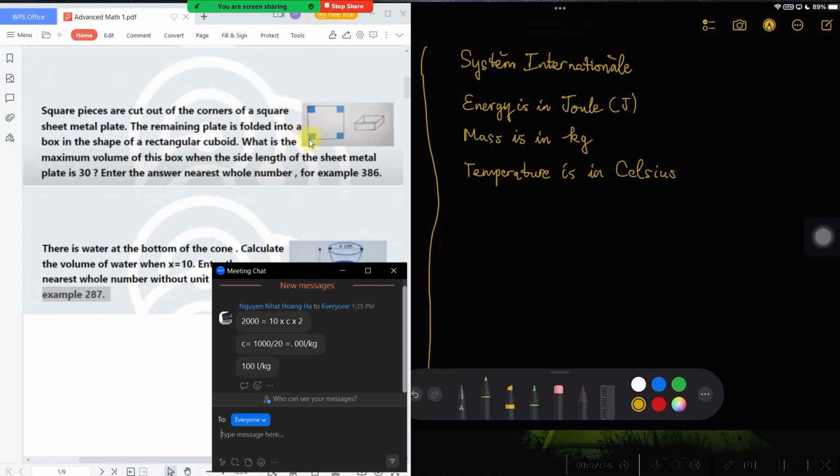Tức là cái độ dài 30 nó bao gồm luôn cái xanh xanh này luôn nha. So it means that 30 include the blue part in here, okay? So you are asked what's the maximum volume of this box. Các bạn được hỏi là tính cái volume nó bao nhiêu. Okay.